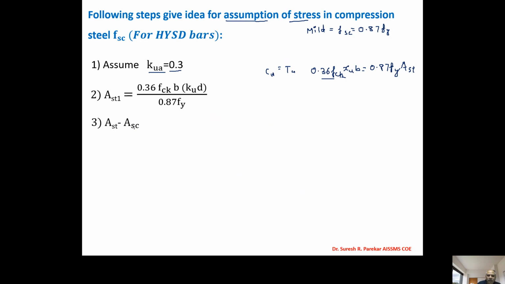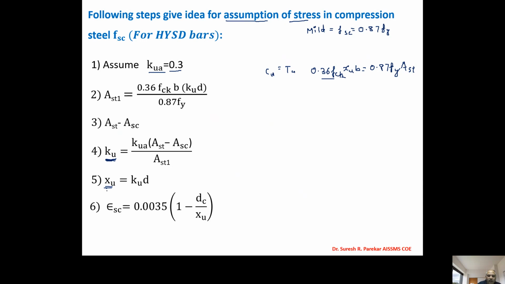We know AST, we know ASC. We are going to calculate this value, and from all these values we are going to calculate what value of Ku we have to consider for the first trial. That Ku we will get from here. And then once we know the Ku value, we will put it in this XU, which will give us the value of XU.